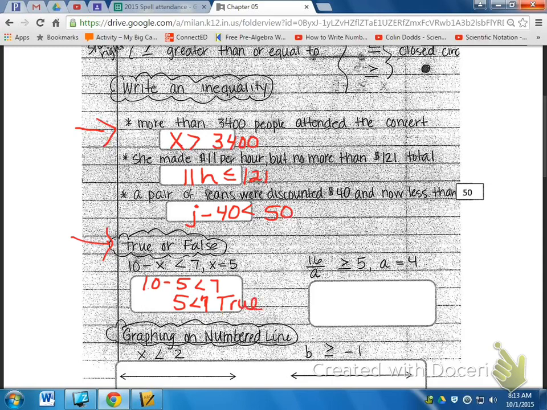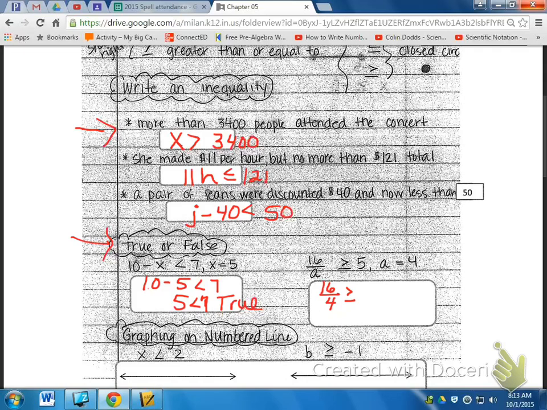16 over a is greater than or equal to 5 if a equals 4. Stephen, what do you think? By 4, which a would be 4.